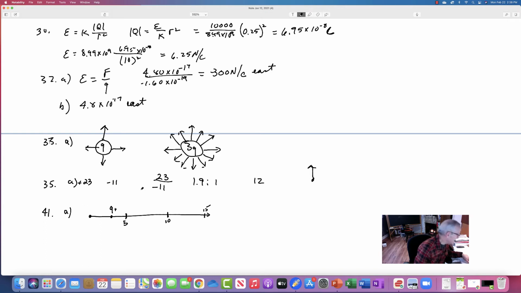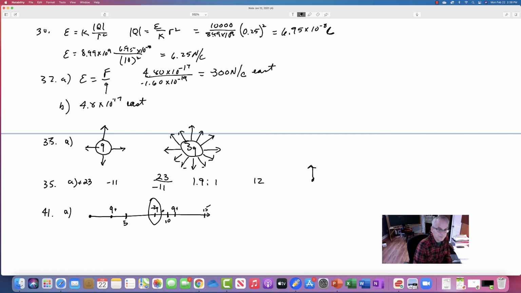At 8, there's a charge of minus 2 coulombs. And at 11, there's a charge of plus 1. So the question is, what is the force on this charge right here, given this setup?